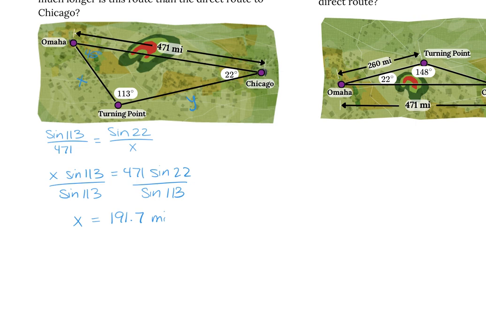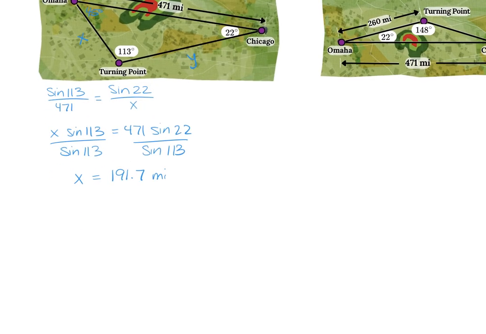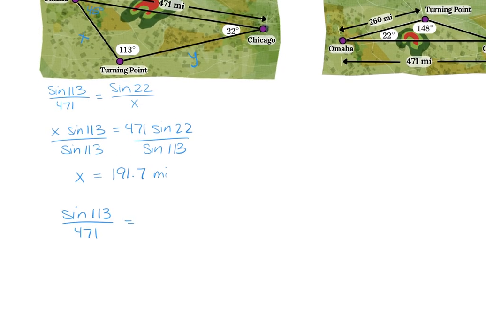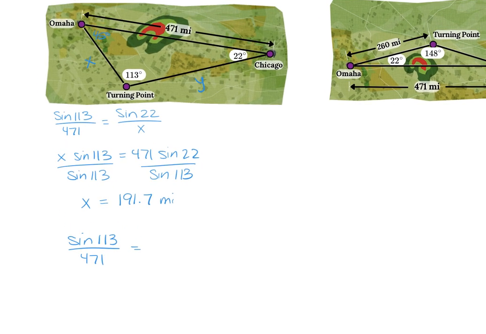Now I need to find the measurement for y. I'll do that below. Again, I can use the same beginning part: sine of 113 over 471. We're looking for y this time, so that angle would be 45. So sine 45 over y.